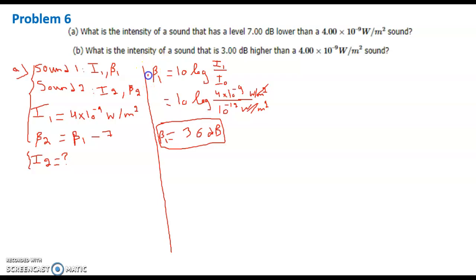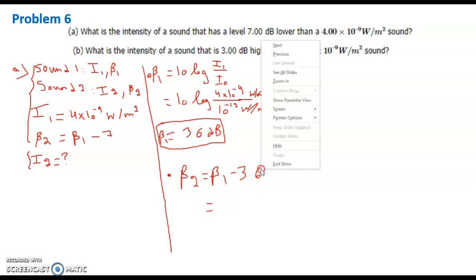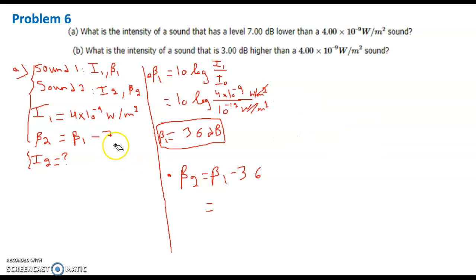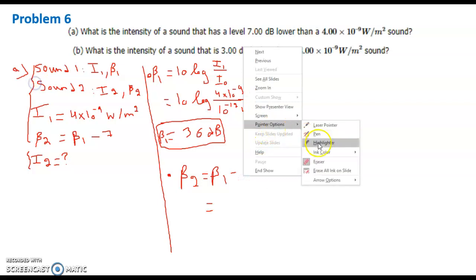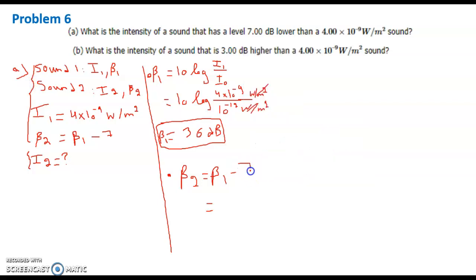So the second step now is to find beta 2. Beta 2 is beta 1 minus 7, according to this relation, this given. Beta 2 is beta 1 minus 7.